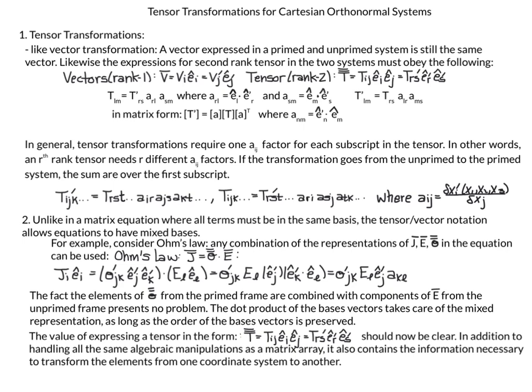We will do an example using Ohm's law to get a matrix of transformation from one basis to another. For our final point, unlike matrix equations where all terms must be in the same basis, the tensor vector notation allows equations to have mixed bases.